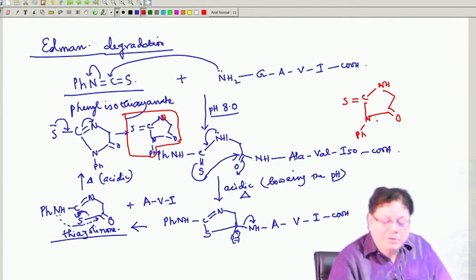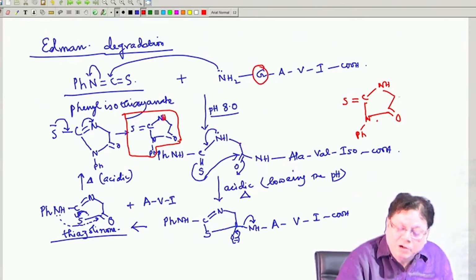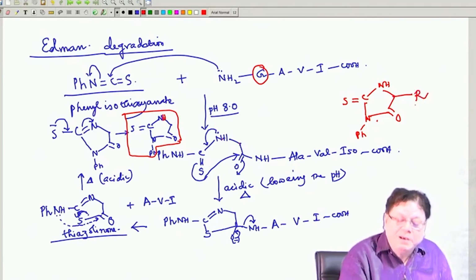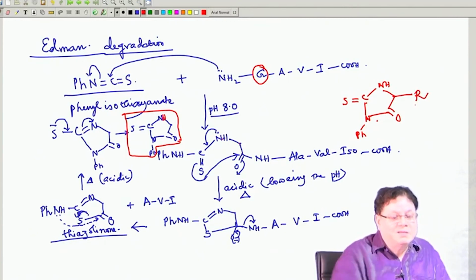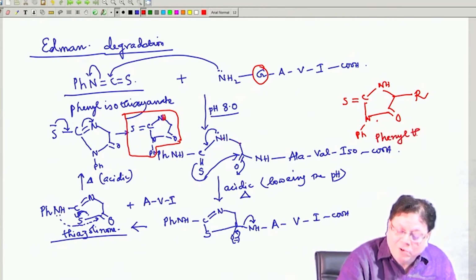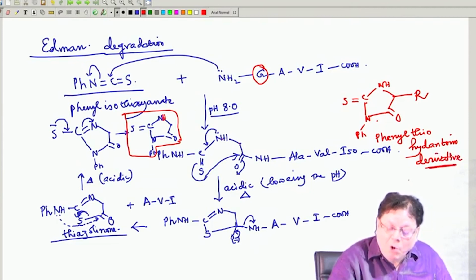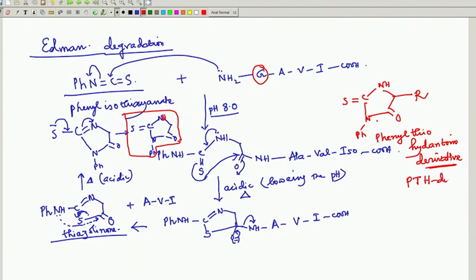Okay. If it is not glycine, suppose any other amino acid, then you have a substituent here depending on the different type of amino acid here. By the way, this is what is called phenyl thiohydantoin derivative, or in abbreviation PTH derivative.